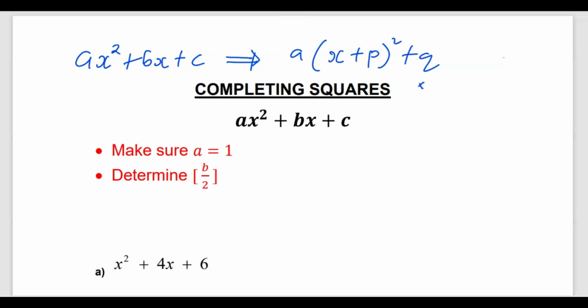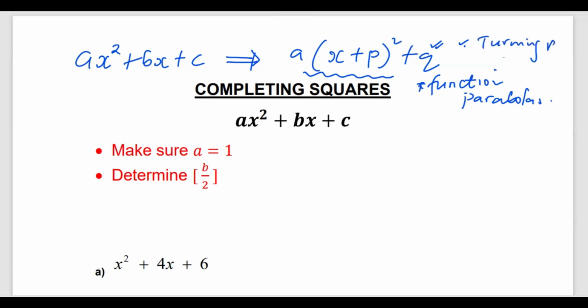Now, the importance of this format will be seen under the topic called functions, okay? When you're dealing with parabolas or quadratic functions. So this approach is what we call the turning point method or the turning point approach, where P and Q will represent the coordinates of the turning point.